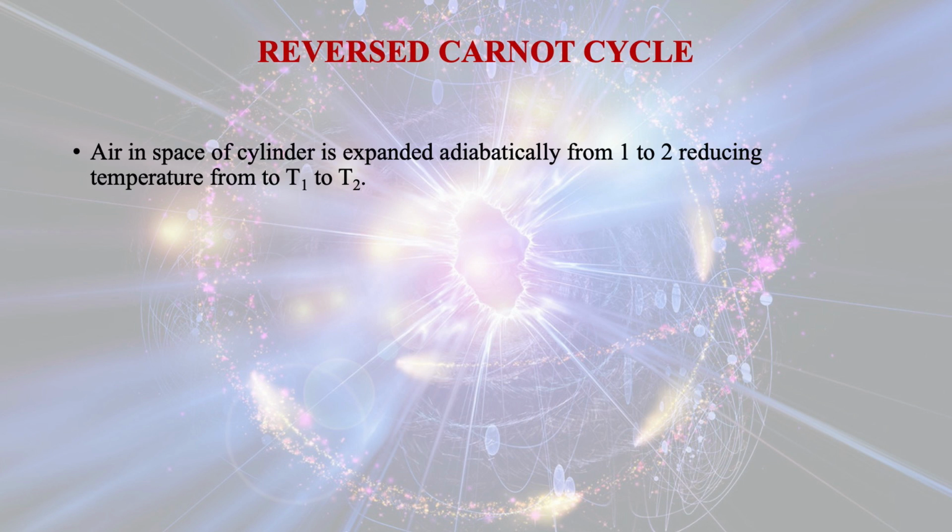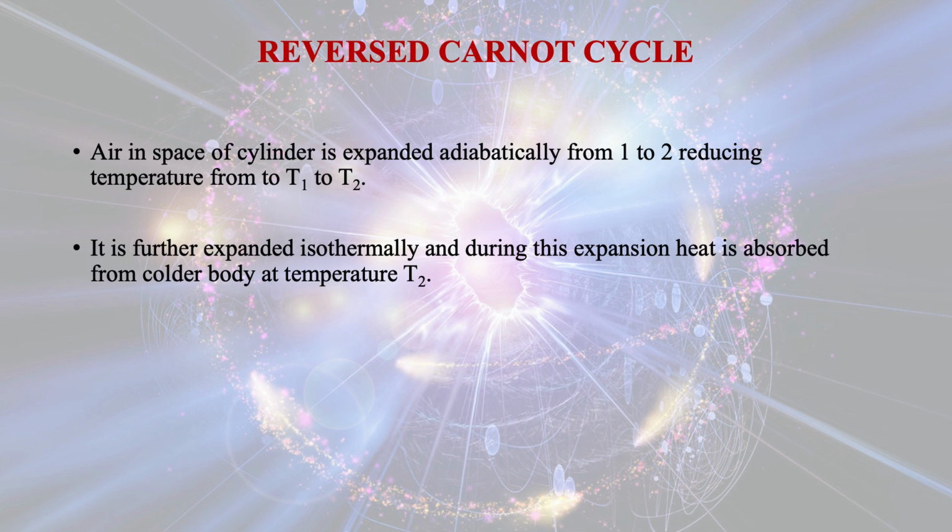Air in the space of the cylinder is expanded adiabatically from 1 to 2, reducing the temperature from T1 to T2. It is further expanded isothermally, and during this expansion, heat is absorbed from the colder body at temperature T2.